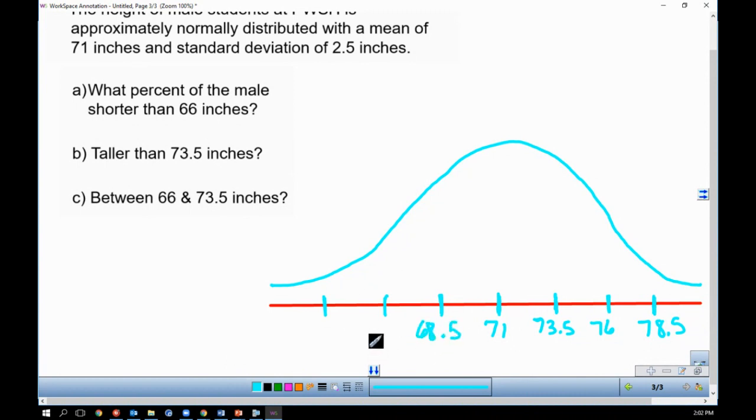Subtract 2.5 again. Subtract 2.5 one more time. Now let's use that empirical rule chart that we had on the last page and actually break this up into our percentages. Right now it seems like we may be doing a lot of pointless work, but when we start answering questions, you'll be glad we did this.